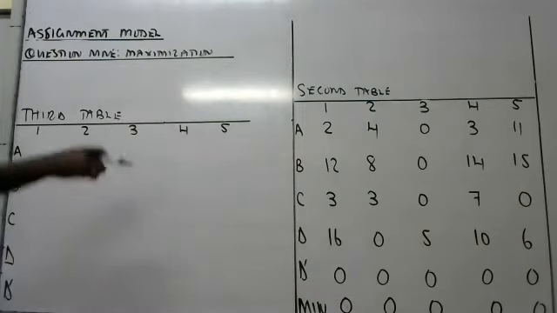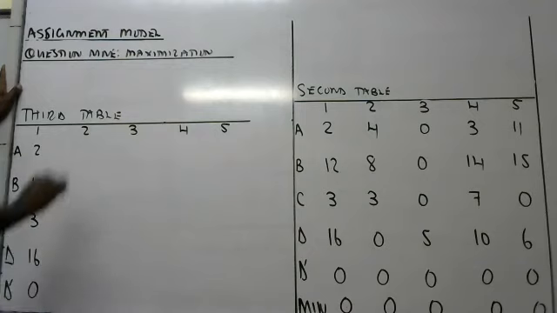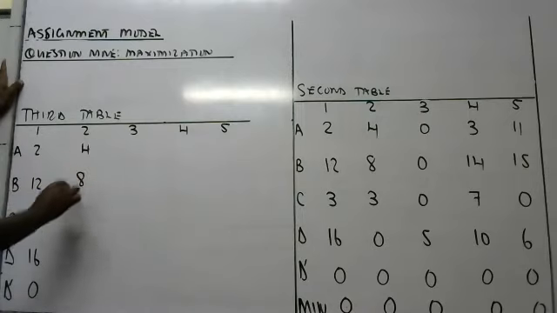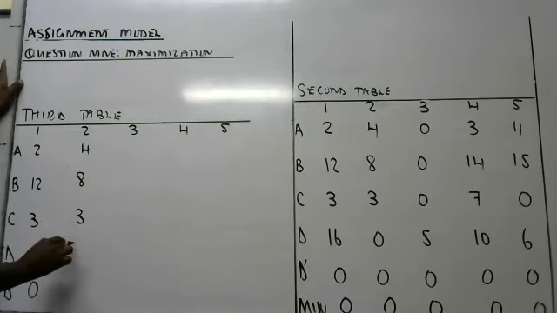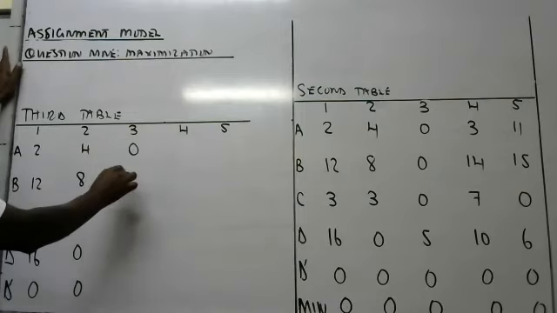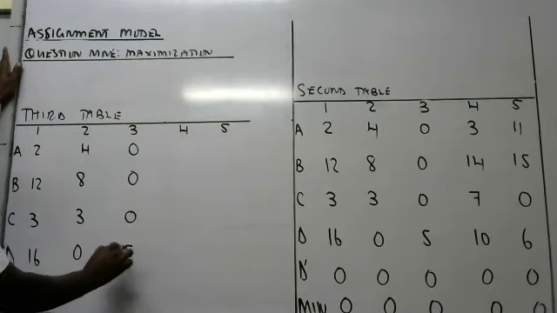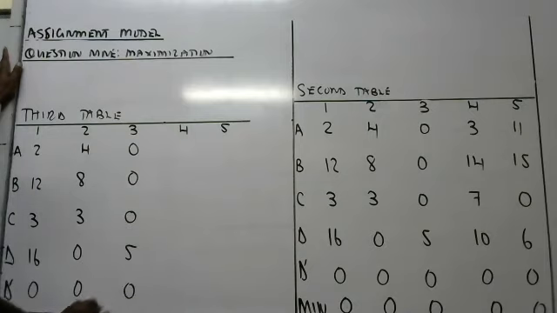Because they are zeros, everything remains here: 2, 12, 3, 16, 0. Going to 2, this will be 4, 8, 3, 0, 0. Going to 3, 0, 0, 0, 5, 0.